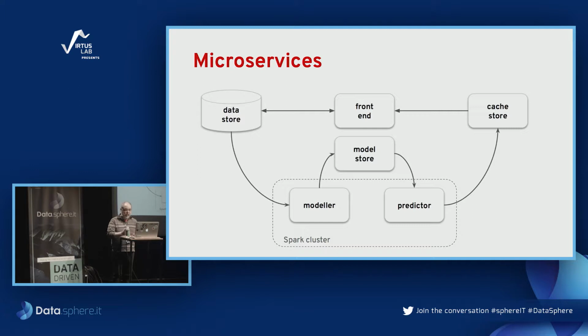So for instance, data scientists could focus on the machine learning components, like the modeler and the predictor, and then you can have software engineers working on the data store, working on other backend problems. You can have people doing web design for a front end, for the user-facing components, etc. So this also allows you to swap out any service with minimal disruption, right?